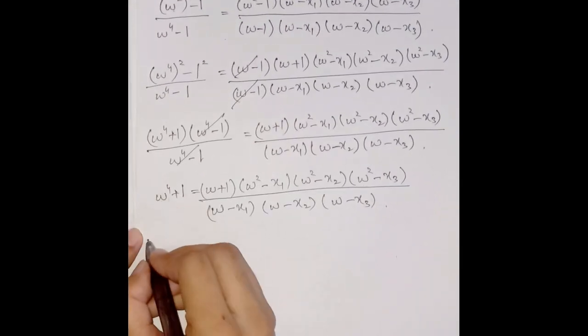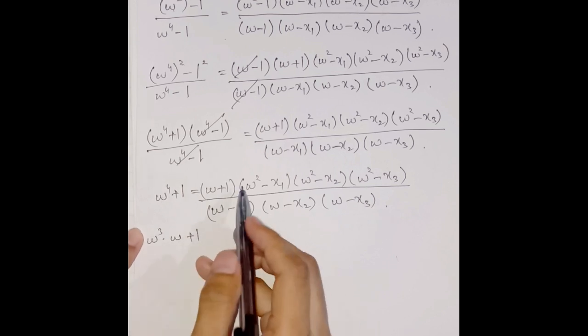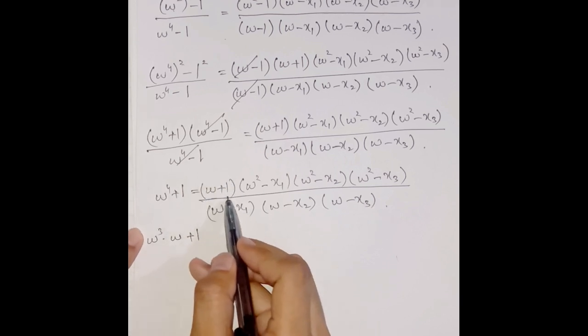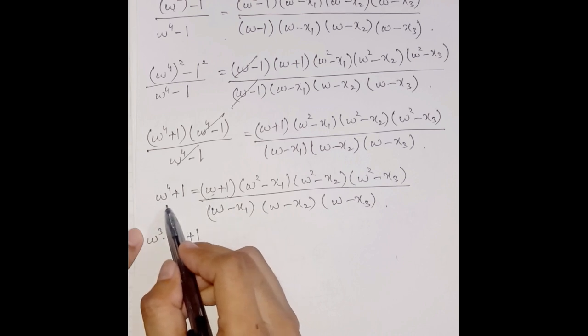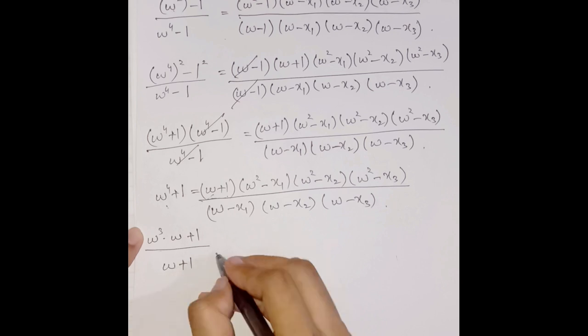I can write omega to the power 4 as omega cube times omega, plus 1. And this omega plus 1 on this side, I'm going to take it here and divide down this one. On the left side, omega plus 1.